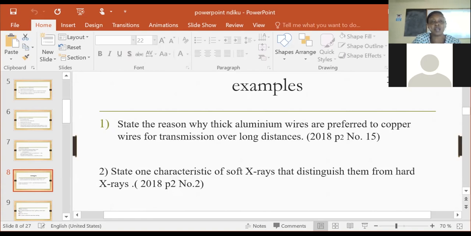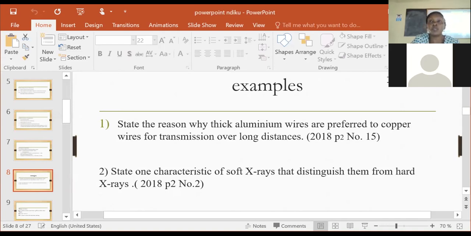Okay, when we are giving out the reason, here we are comparing aluminum and copper. And because we are comparing the two of them, then a comparative term must be used. For example, aluminum is lighter than copper.